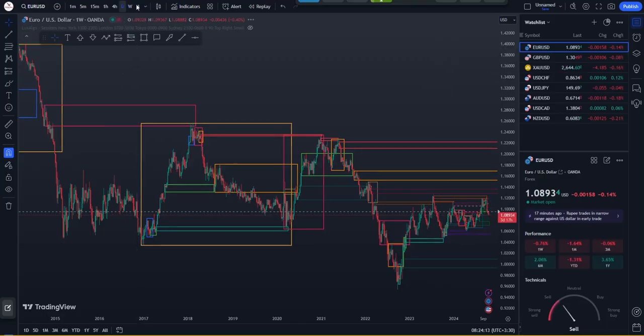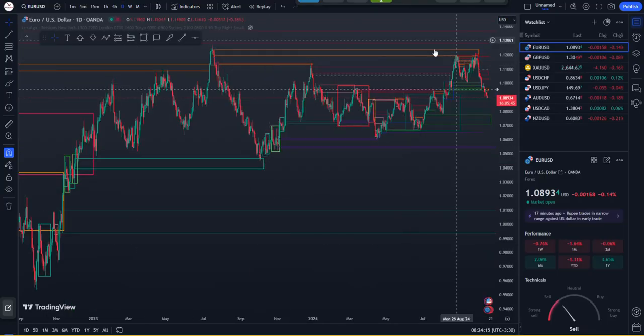Okay, let's go to the daily time frame. In the daily time frame, you can see this engulf is actually confirmed as an engulf because that origin is cleaned, and maybe this one is going to the true level because a haunting happened here.